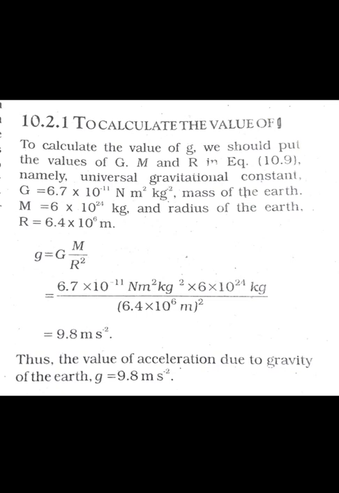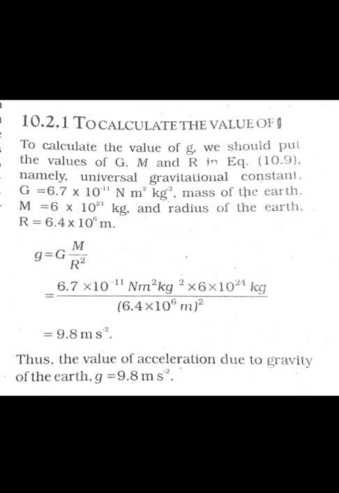v is equal to u plus at, s is equal to ut plus half at square, then v square minus u square is equal to 2as. And all these equations are valid with the acceleration a replaced by g.